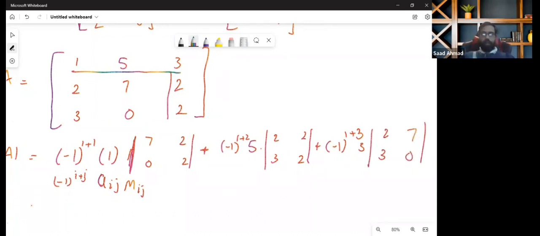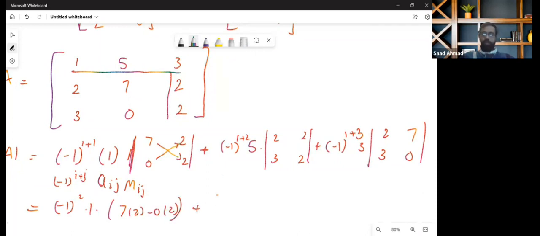Now we know how to solve a 2 by 2 determinant: this times this minus this times this. -1 to the power 1 plus 1 is -1 to the power 2, and then this is 1 times 7 times 2 minus 0 times 2.